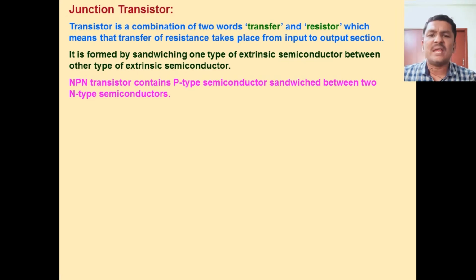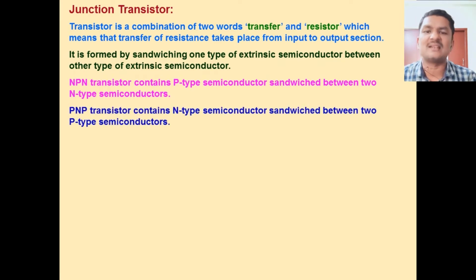There are two types of transistors. First, to a p-type semiconductor, if n-type semiconductor is sandwiched on either side, an NPN transistor can be formed. So an NPN transistor contains a p-type semiconductor sandwiched between two n-type semiconductors.